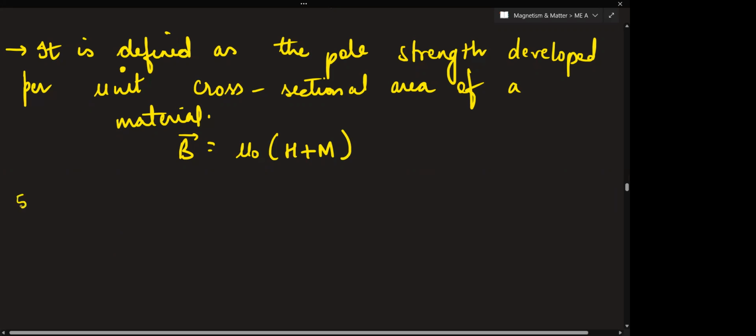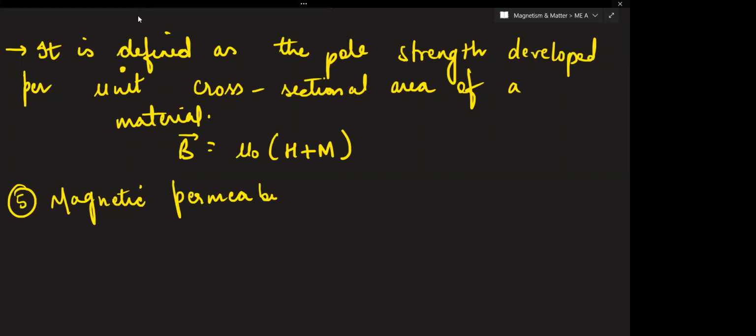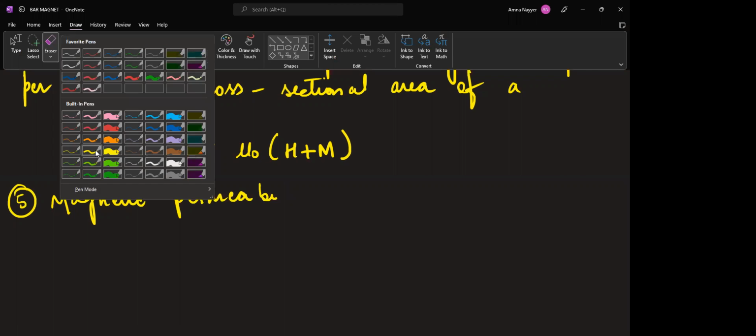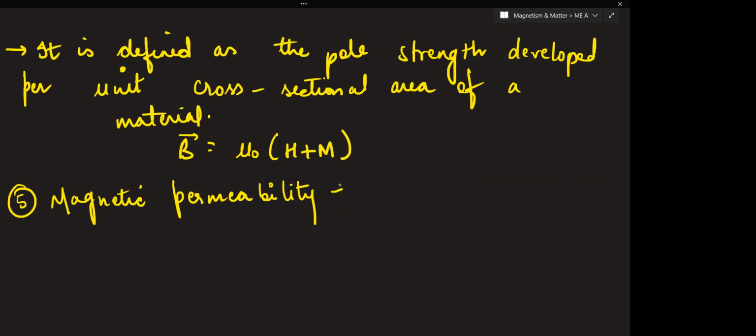Now the fifth term is magnetic permeability. Now, permeability is basically the measure of extent to which a material can be magnetized.